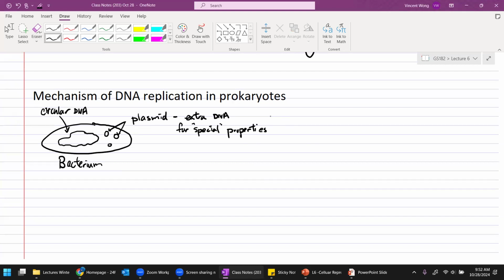For example, they might be able to stick to each other better, or they might be able to pump out antibiotics. When one bacterium meets another one, they could actually exchange these plasmids. It's like, hey, I am resistant to antibiotic 1, and you are resistant to antibiotic 2.